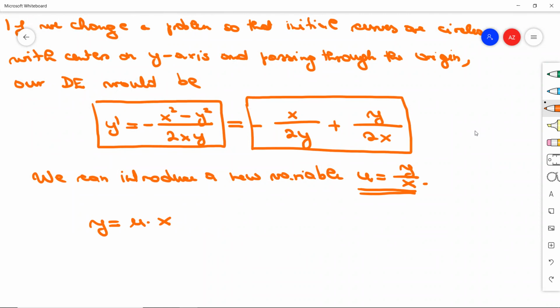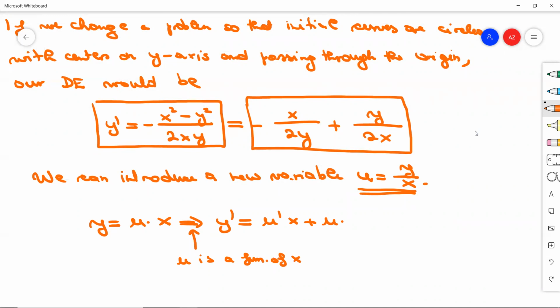And now we take derivatives, which means that y prime is, now u is a function of x. So note that u is a function of x. That's why I also have to take the derivative of u with respect to x. So I get u prime x plus u times the derivative of x, which is 1.